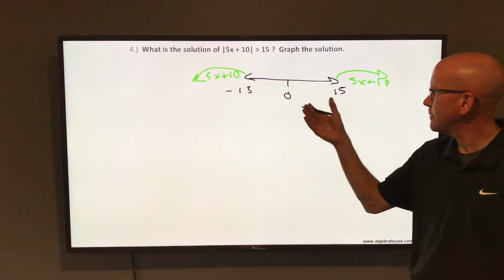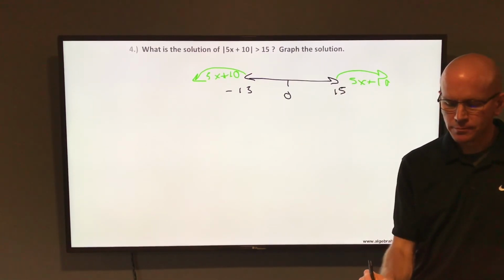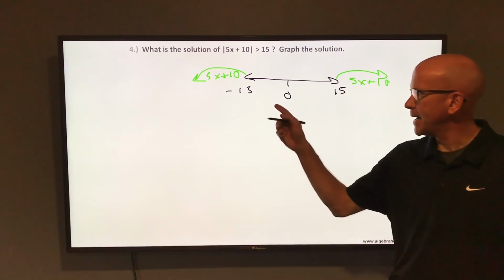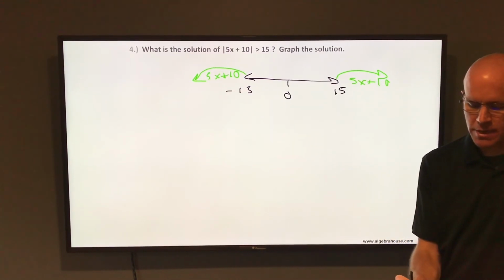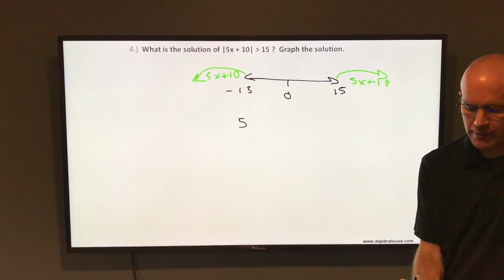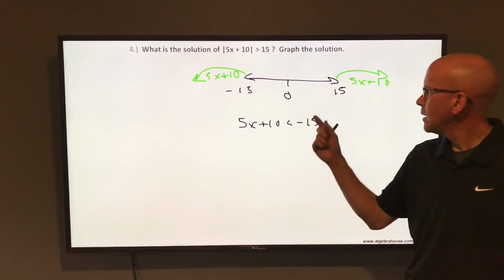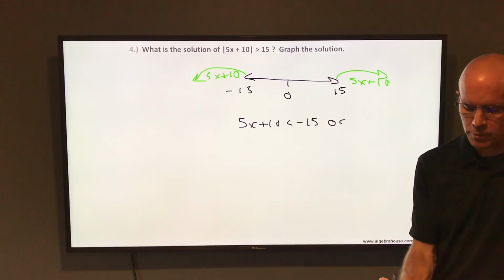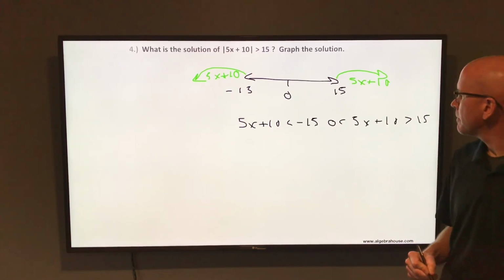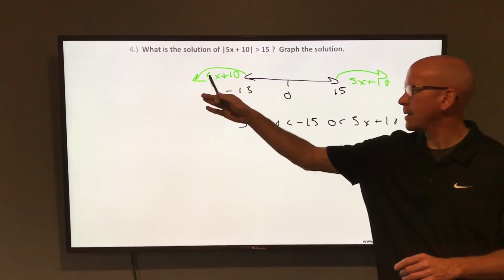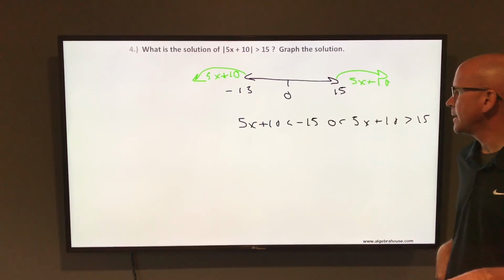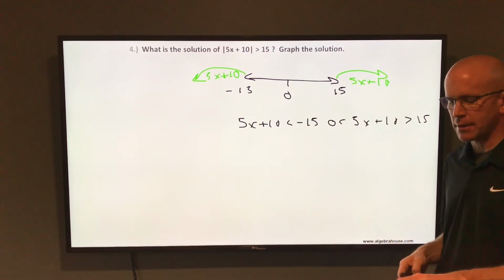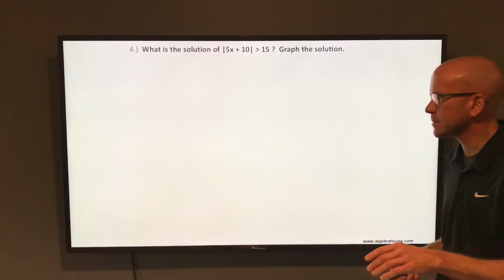So that left side, you could say that 5x plus 10 is less than negative 15. And with it being to the right of positive 15, you could say that 5x plus 10 is greater than 15. So 5x plus 10 is less than negative 15, or 5x plus 10 is greater than 15. That's how you would set it up in order to solve for x.